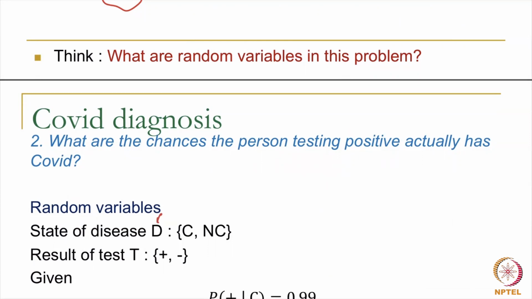The person either has COVID or has no COVID. And the other random variable is the result of the test, positive and negative. Why are these random variables? Because the result of the test need not always be positive, need not always be negative. As I said, if you remember, a random experiment is something that you can do a few times and you might get different results. Remember, many of us repeated our COVID test.